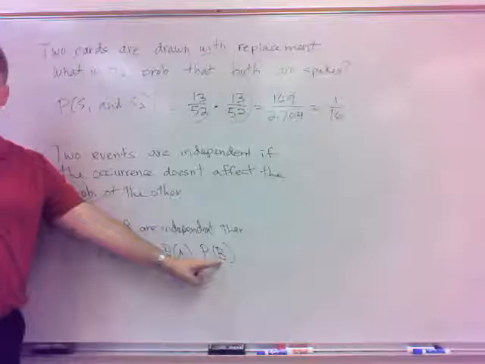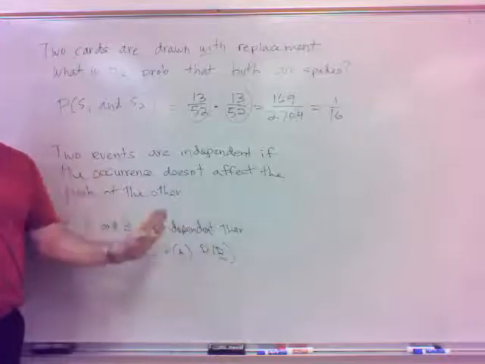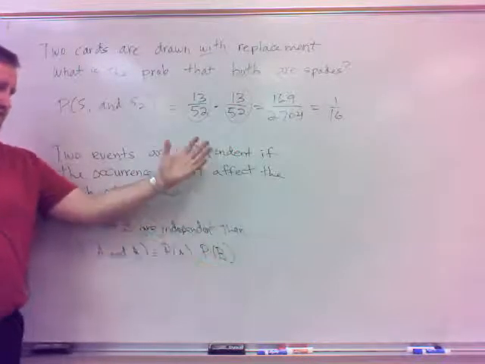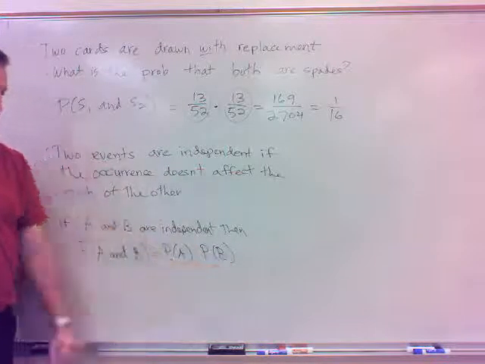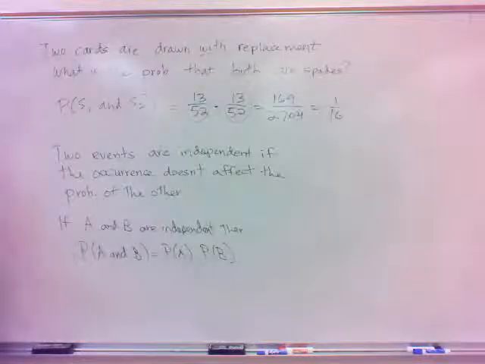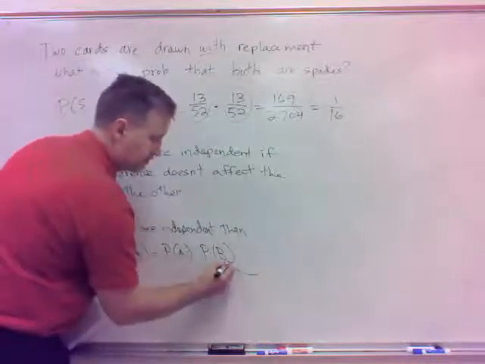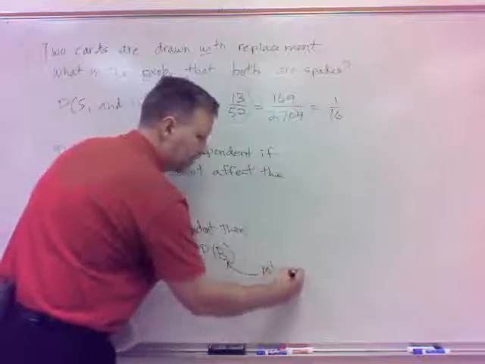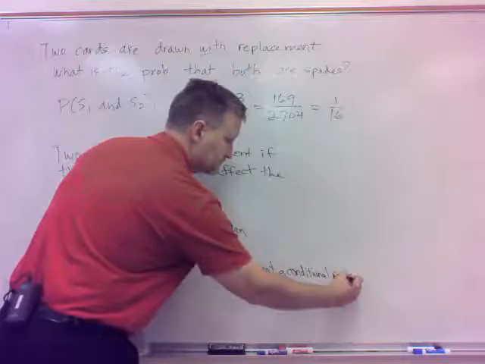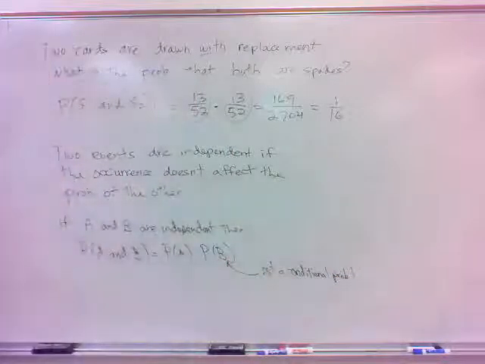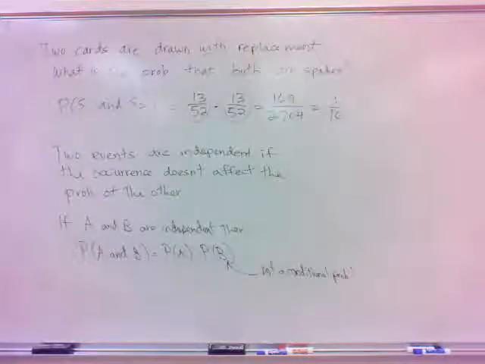This isn't a conditional probability, is it? So if A and B are independent, because the condition doesn't matter, you can just do the straightforward probability of A times probability of B. So that second one is not a conditional probability, like it has to be in the other scenarios. But we'll talk more about independence in a moment.